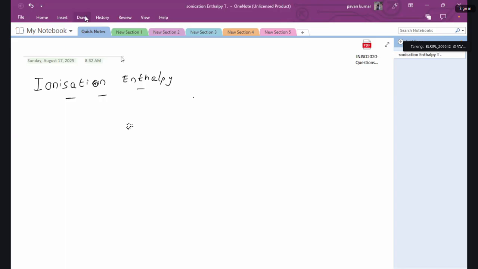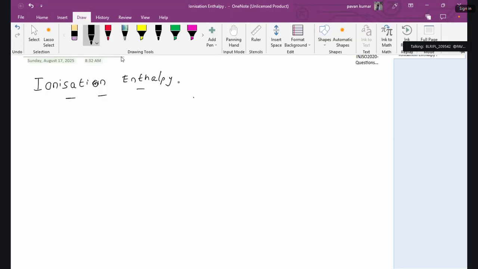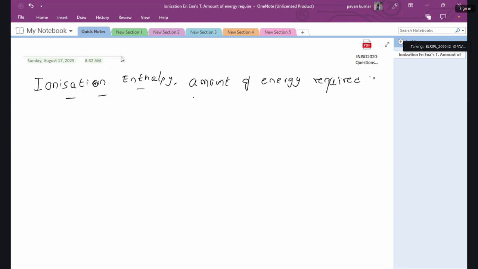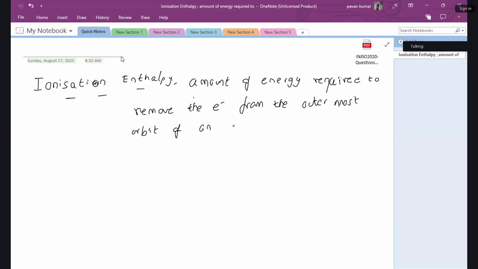Okay, so coming to the definition here, the amount of energy required to remove the electron from the outermost orbit of a gaseous atom. This is the ionization energy definition.